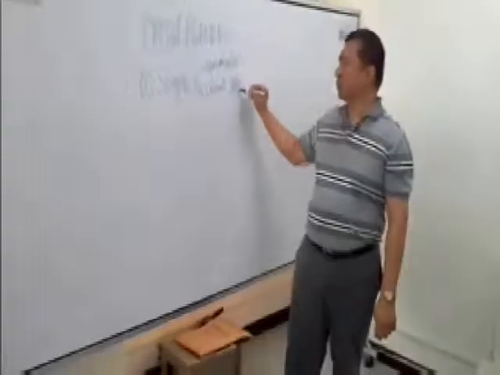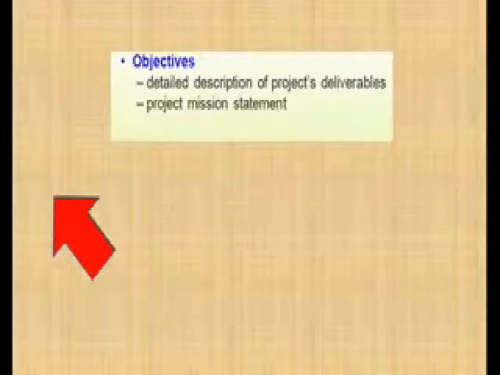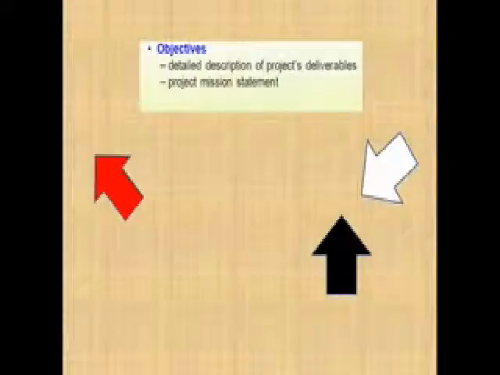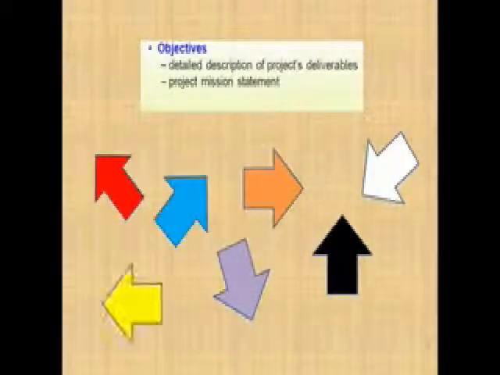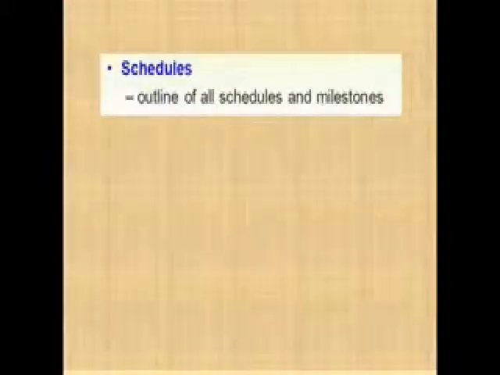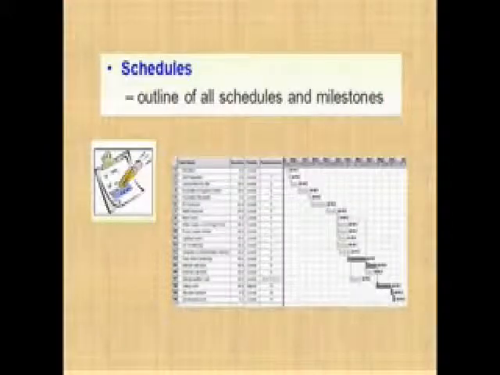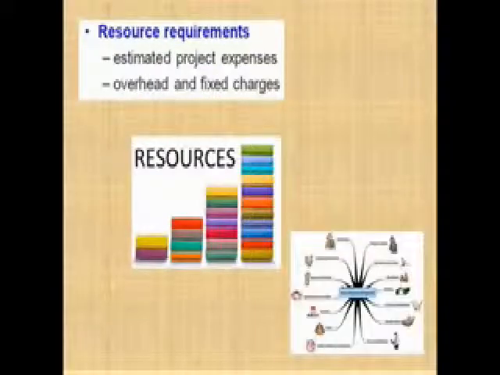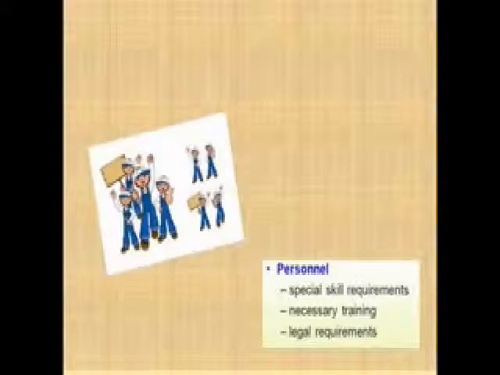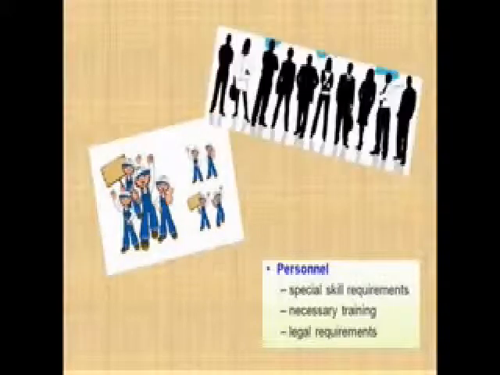In developing a project plan, first is to be clear about the objectives. Then we look at the schedules and establish resource requirements. Choosing the personnel is also a task.